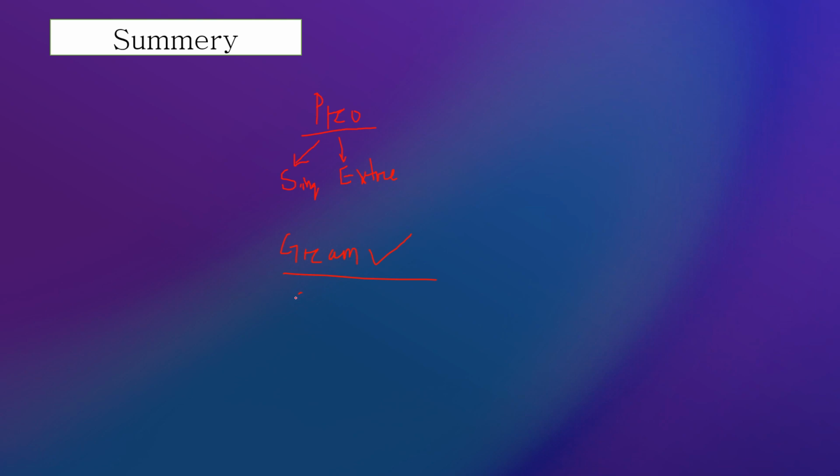Then we studied the cell wall: what are the differences between the composition of the cell wall in gram positive and gram negative? Then we studied the plasma membrane, its structure, and in which domain the ester linkage is present, in bacteria and eukarya, and that the ether linkage is present in the archaea domain.